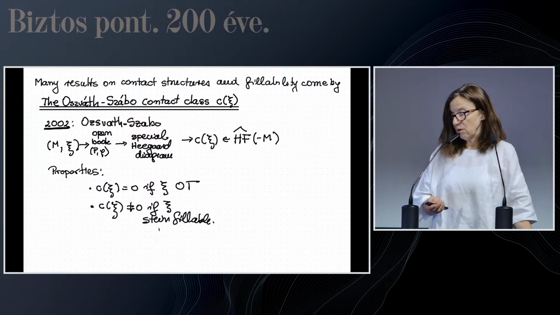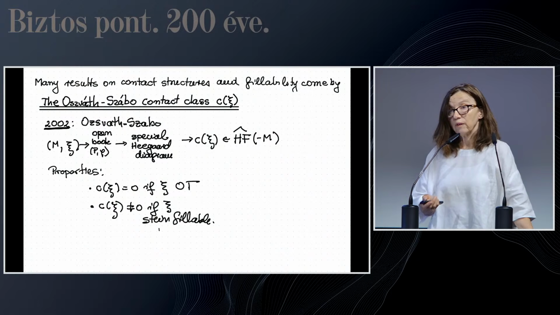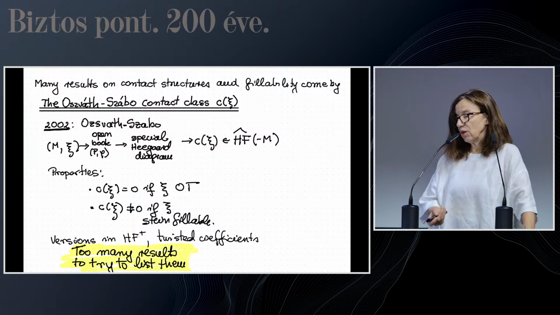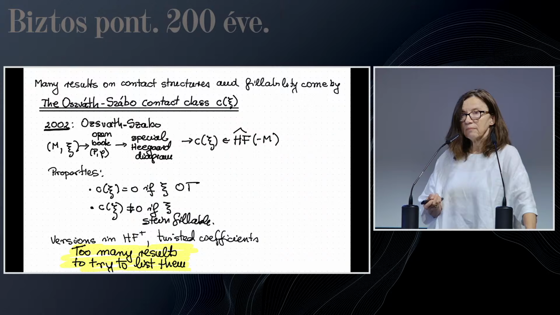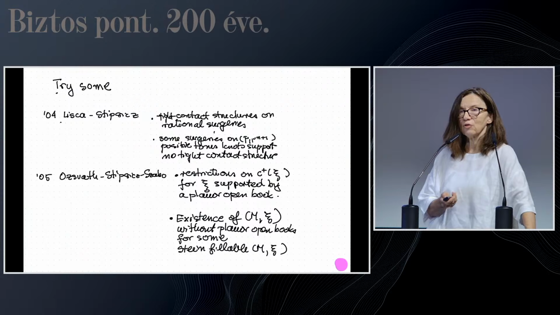Therefore, C of psi gives us obstructions to fillability. Okay. So there are versions in HF plus version of Heegaard-Floer homology, in the twisted coefficients version, and there are so many results on contact structures that come from this contact class that are too many to try and list them, but I'm still going to try some.